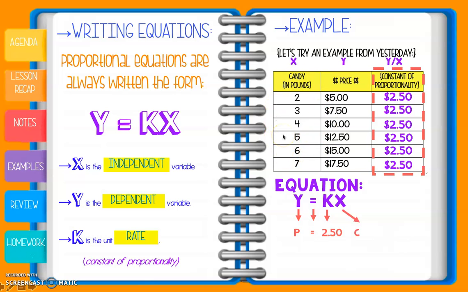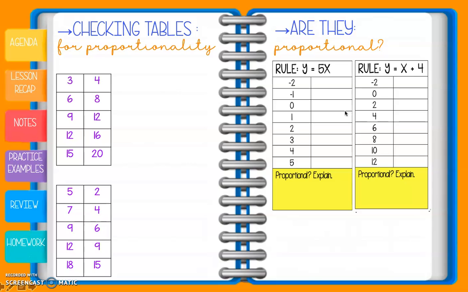So I'm going to put that with a C. So we have the price equals $2.50, which was our unit rate, times C. Remember that when there's no operation, when there's just a variable, that means times however many pounds of candy that you buy. So our equation would be P equals 2.50 times C. And that is a proportional equation because it's of the form y equals kx, and because we wrote it from a proportional table.